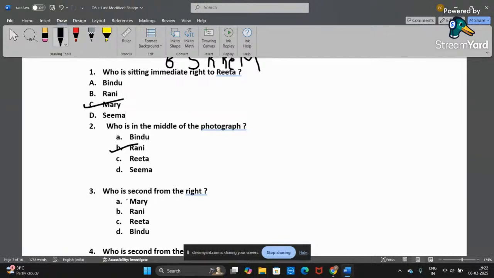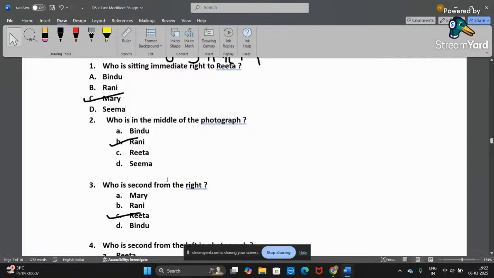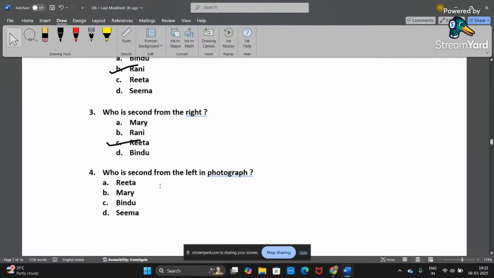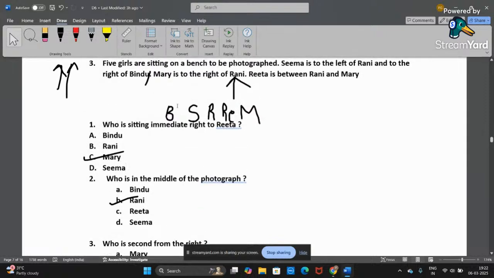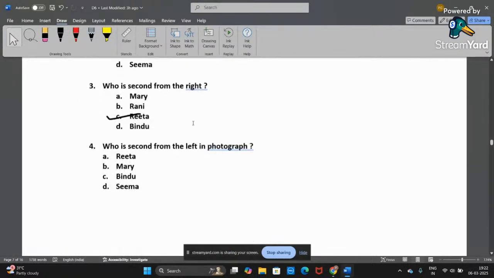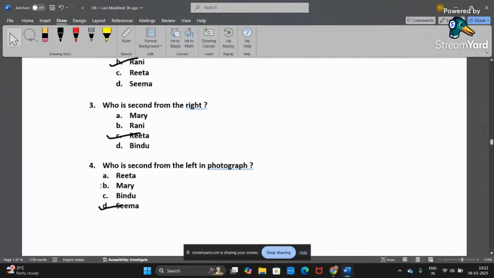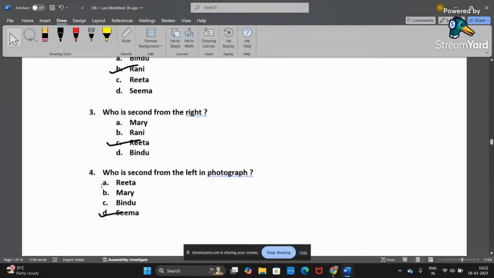So the option is Rita. Who is the second from the left? This is left, right? Second is Seema. Second left. So, any doubt? Any doubt in seating arrangement?